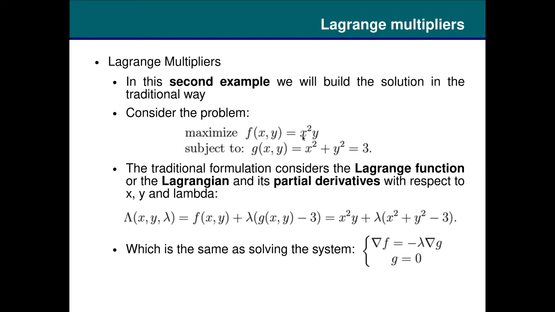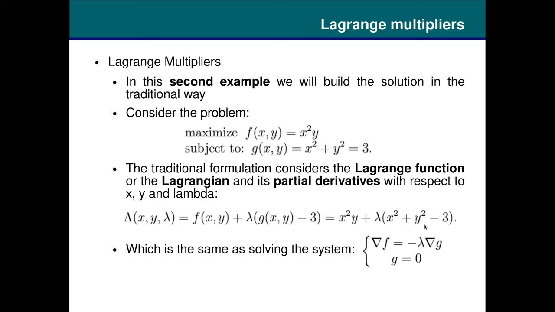This will be x squared y, as shown here, plus lambda times my constraint minus 3, which is the same as x squared plus y squared minus 3 equals 0. It's not even necessary to show the minus 3 over there, of course. Okay, 3 minus 3 is going to be 0.